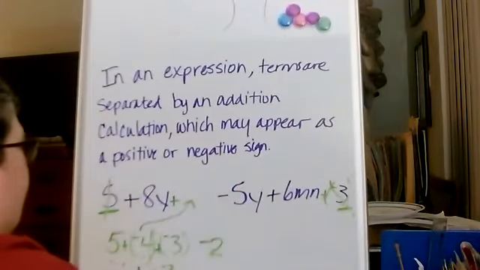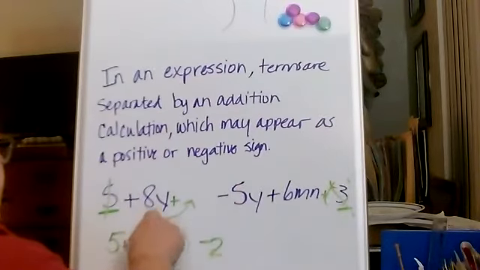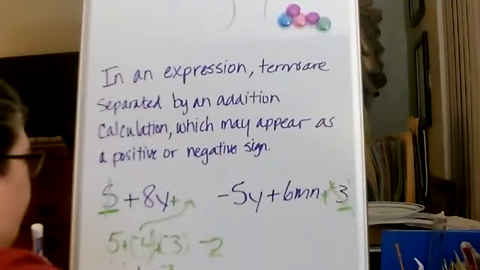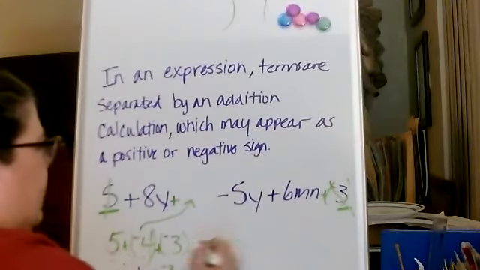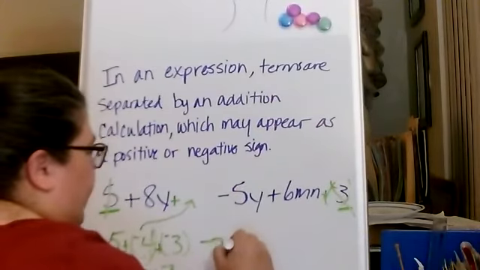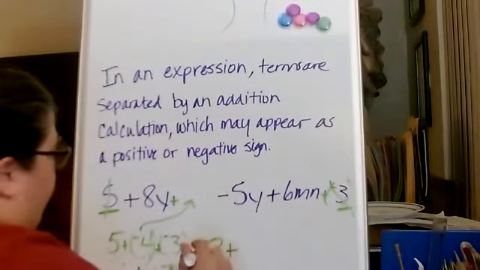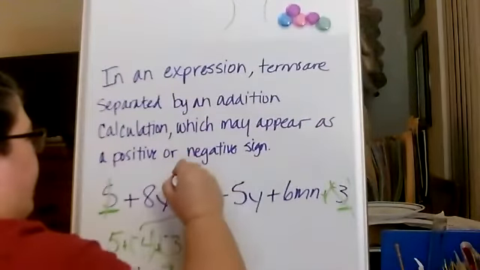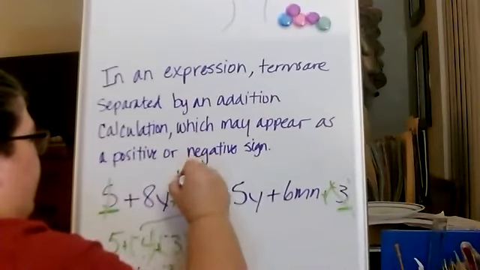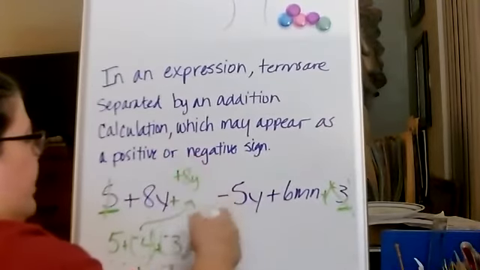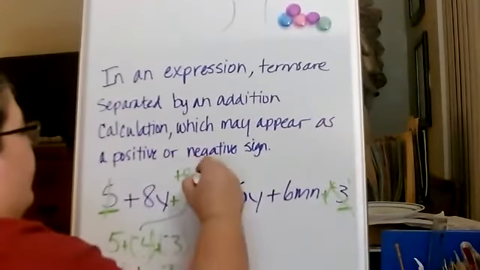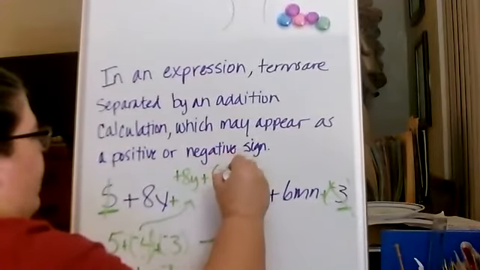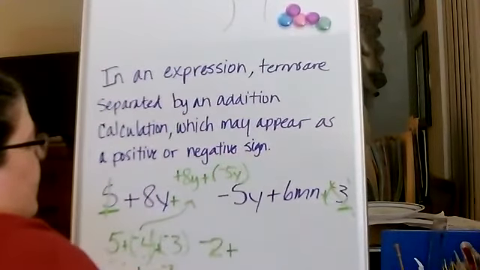Now we're going to combine our terms that have a y. So we're going to put a plus here because we're not subtracting anymore, but we are dealing with negative numbers. So we have here a positive 8y, and instead of minus 5y, we're going to do plus negative 5y.